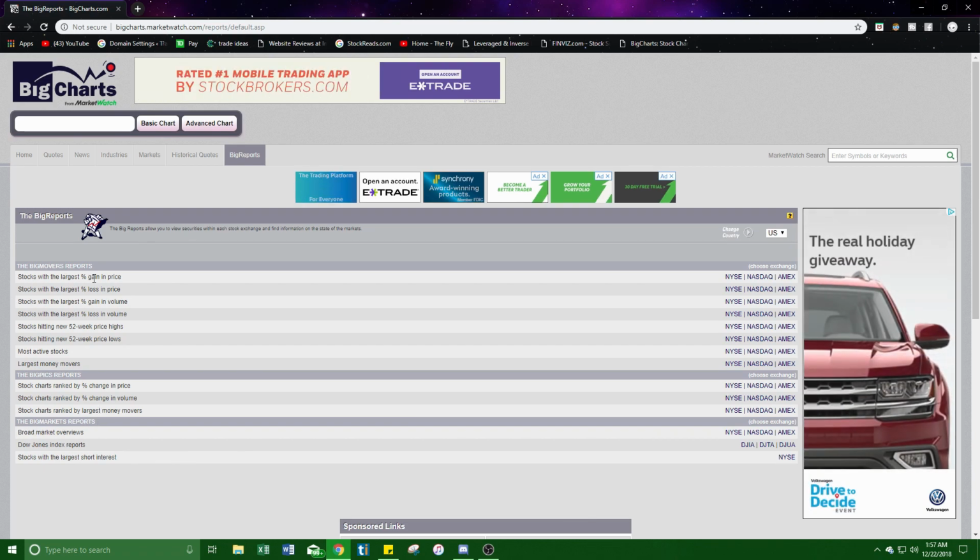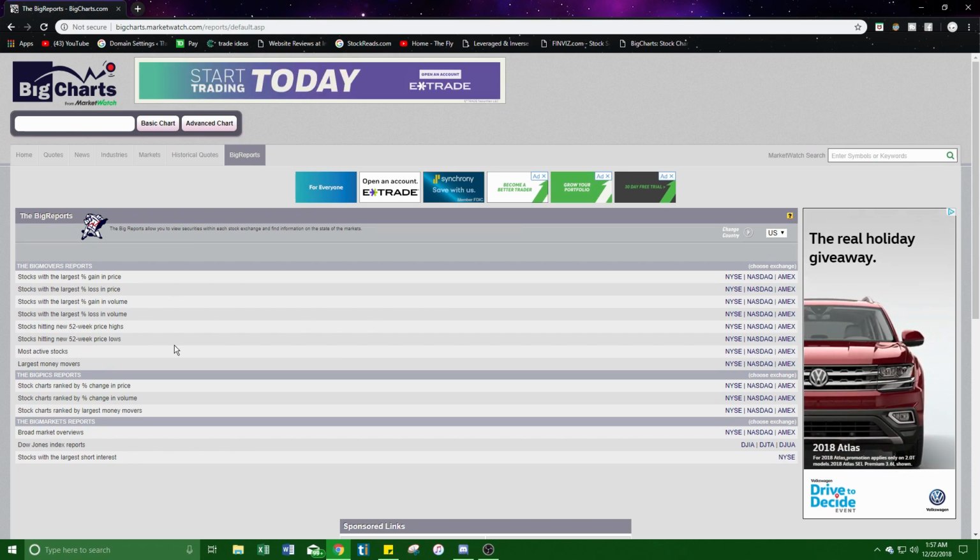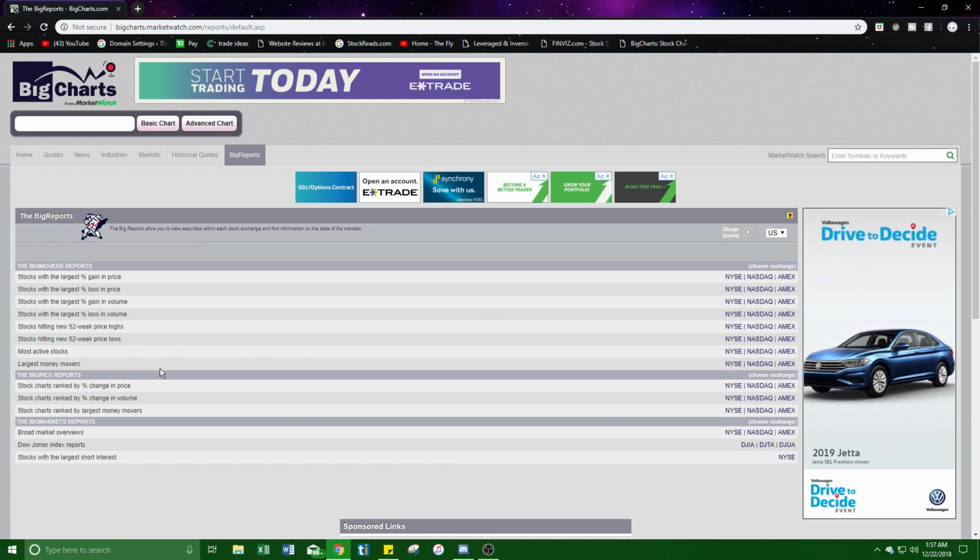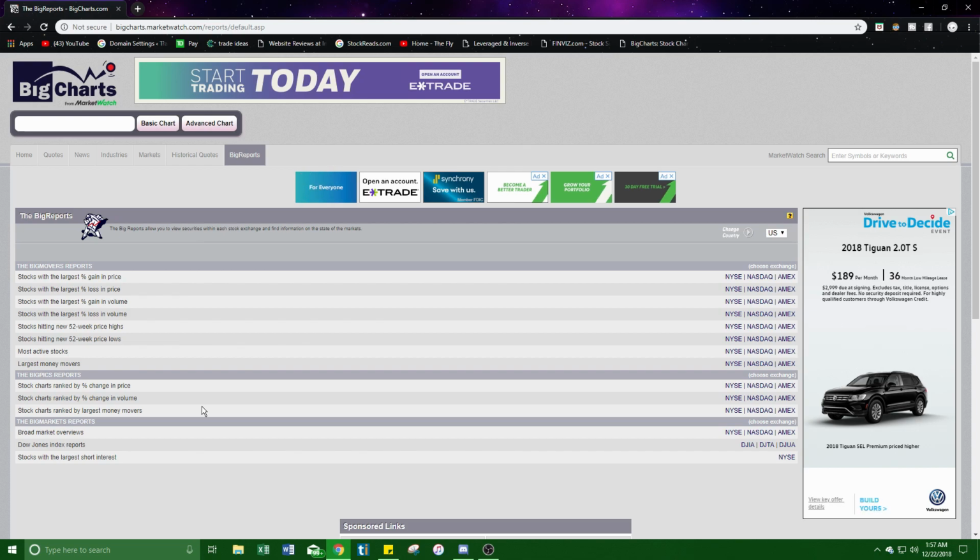Anything from the largest percent gainers, volume gainers, 52-week highs, most active stocks, largest money movers, stock charts ranked by percentage change in price, stock charts ranked by percentage change in volume, broad market overviews, Dow Jones Index reports, stocks with the largest short interest. From all this stuff, it's just like making a stock screener on FinViz, but you have it simplified right here. It'll look it all up for you.